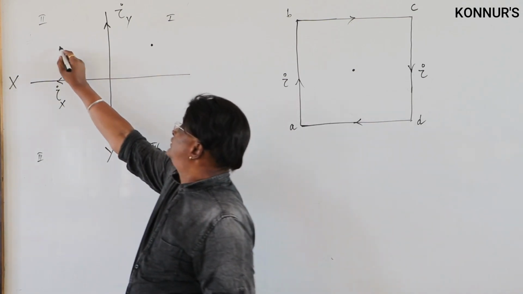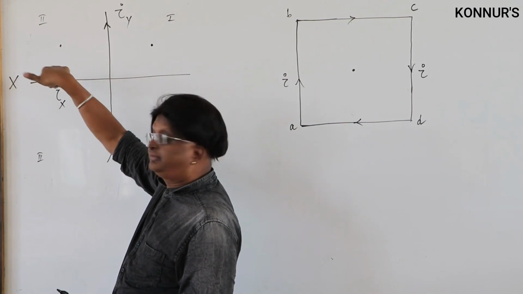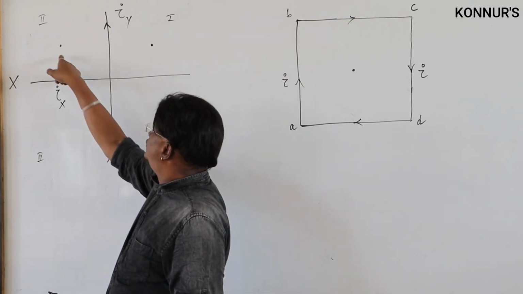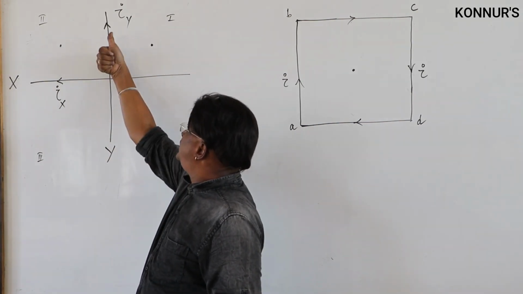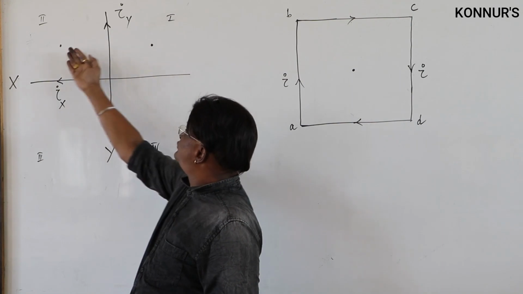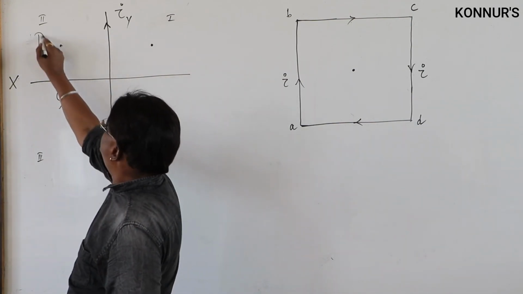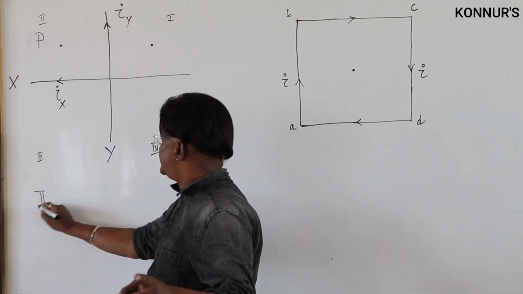Now you consider some point in the second quadrant. Again, what is the rule? What you observe is X direction of current. My fingers are entering inwards, but look at with respect to Y. Y upward current. Here my fingers are entering, therefore it leaves here. Therefore at this point, I now call this some point P, we will find in the second quadrant.